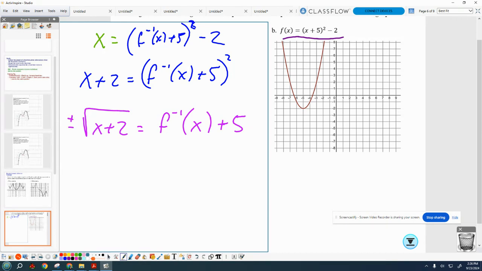We should say plus or minus. I want this to be a function. Do I keep both or do I only keep the positive? I want it to stay being a function. When I say plus or minus, it gives me that bottom part, which is no longer a function. So I'm going to get rid of the minus. I still got stuff going on though. Subtract 5. And there's my inverse.